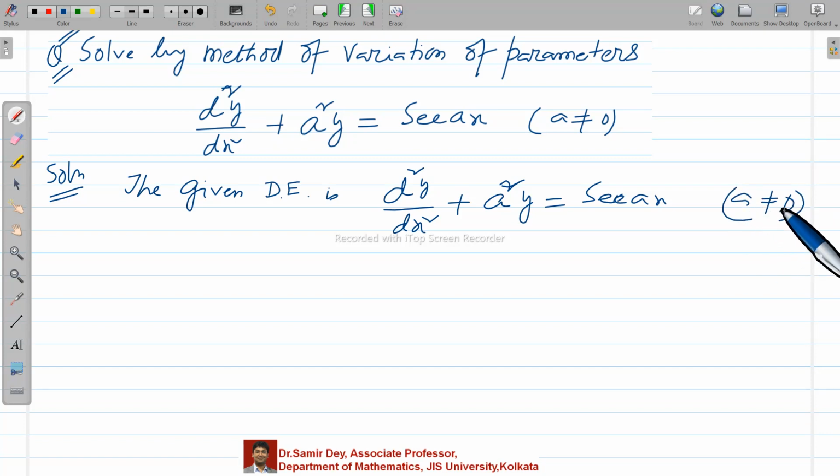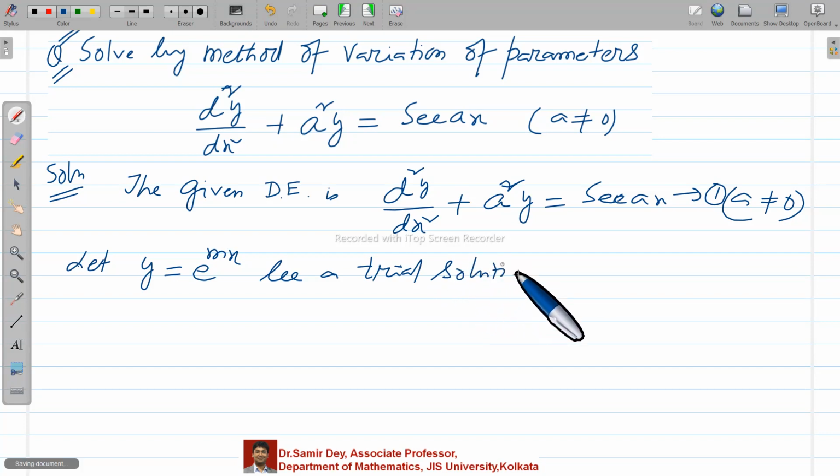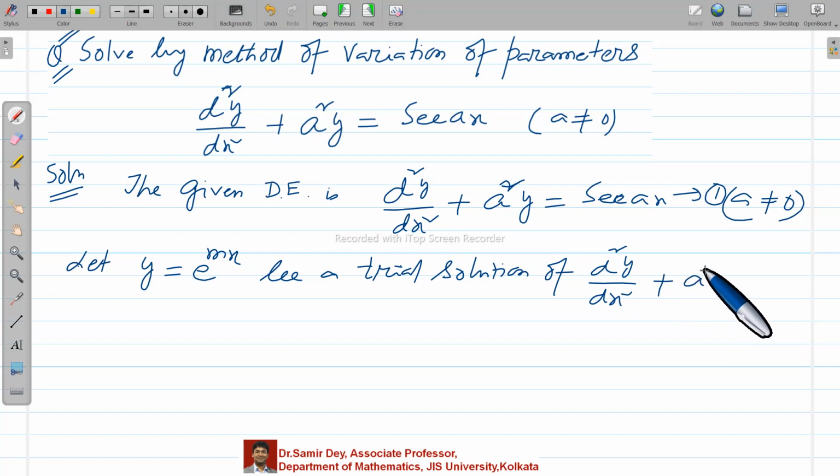Okay, so here you write down, this is number 1, let y = e^(mx) be a trial solution of d^2y/dx^2 + a^2 y = 0. That means on the right side you are considering 0.